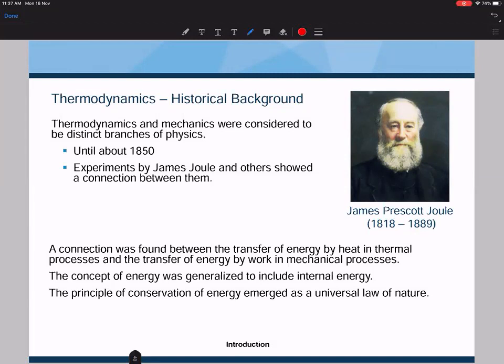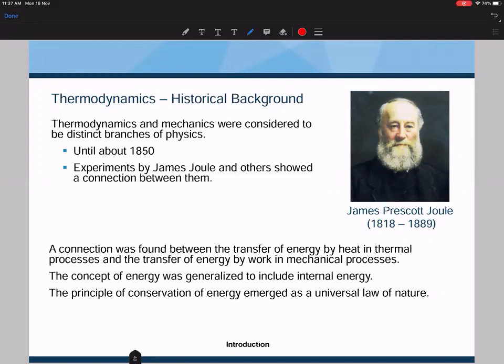In fact, it was not until the mid-1800s that people found that the two concepts, mechanics and thermodynamics, are related to one another, through an experiment that shows the equivalence of heat energy and mechanical work done.